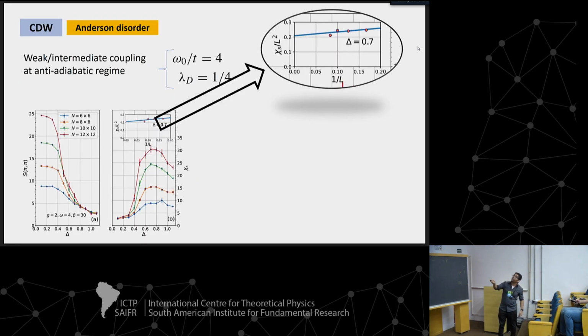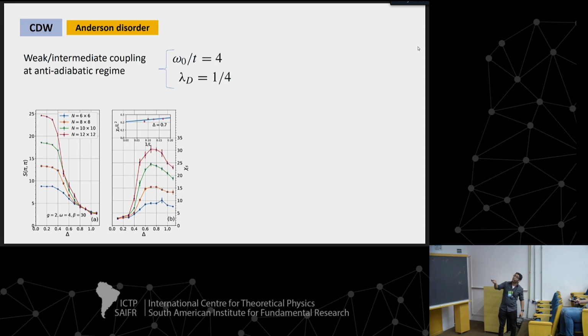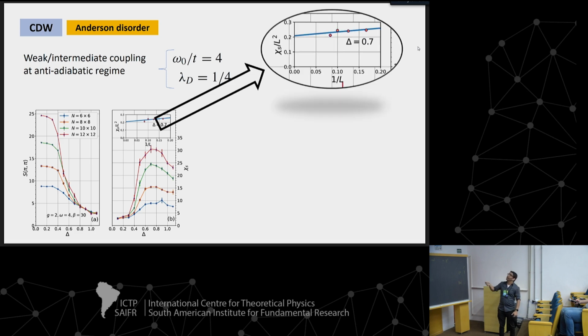If we go to the weak coupling regime, we have a completely different result. So when CDW goes to 0, you have a very clear peak in the pair susceptibility. And this peak here, if you look at this inset, we see that we really have a long-range order.